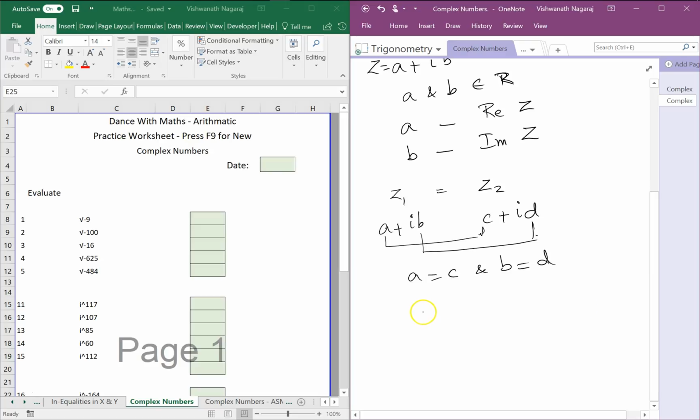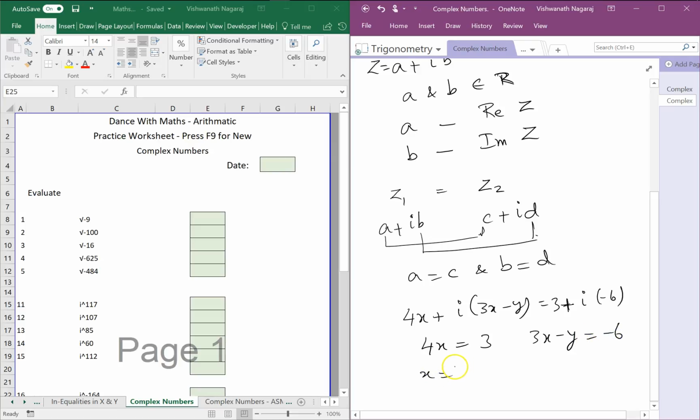Let's look at a problem to understand this. Let's say 4x plus i(3x minus y) equals 3 plus i(minus 6). To solve this, what do we do? We equate the real and the imaginary parts. So 4x is real, 4x is equal to 3, and the other equation becomes 3x minus y is equal to minus 6.